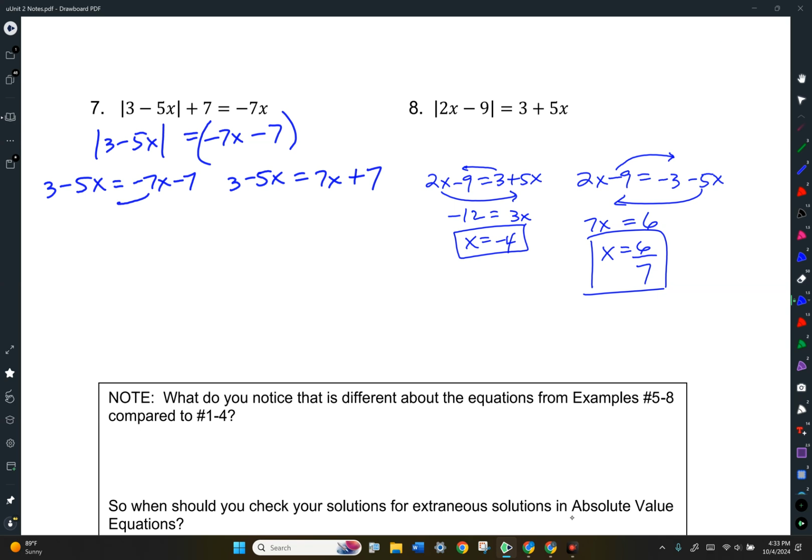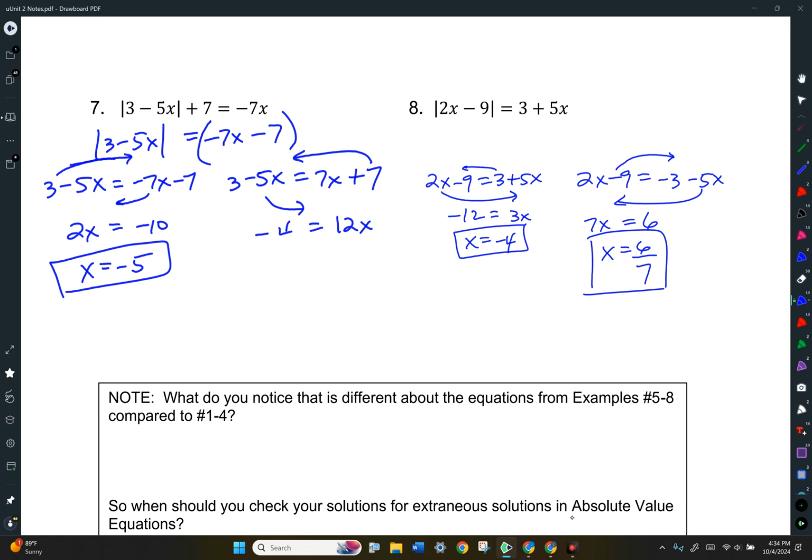So I'll move that 7x over here, so I'll be adding it. So positive 2x. And then I'll move the 3 over here, so I'll be subtracting it. So negative 10. x equals negative 5. On this one, I'm going to move the 5x over, so 12x. And I'll move that 7 over, so I'm subtracting 7, so that's negative 4. And if I divide both sides by 12, x equals negative 1/3.